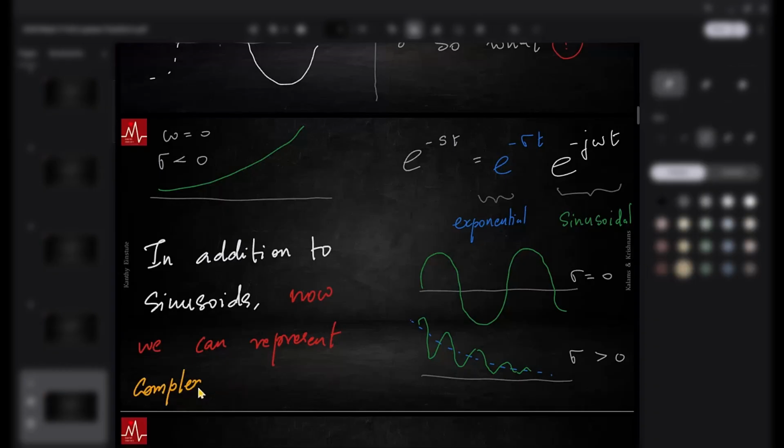Depending on the real part and imaginary part, we can actually represent any function.